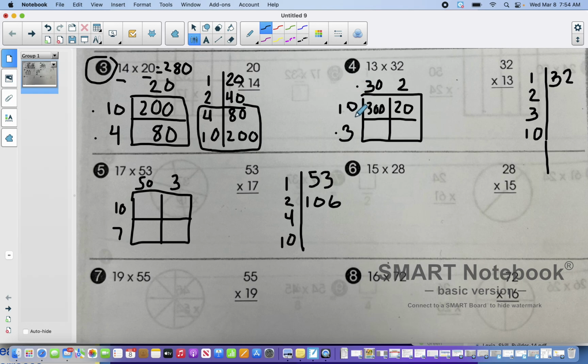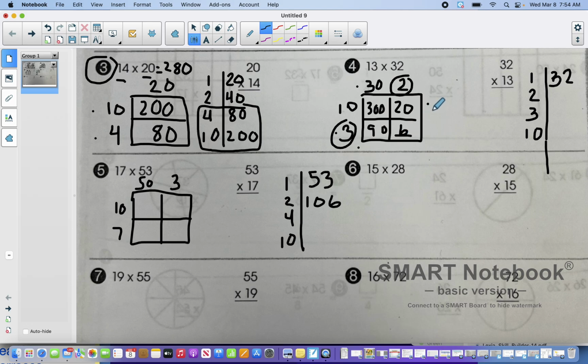Okay, so you could do a ratio table if you want. 1 times 30, 2 times 30, 3 times 30. Did you get 90? And then this one is 2 times 3. Okay, and that's going to go over here. And that is 6.